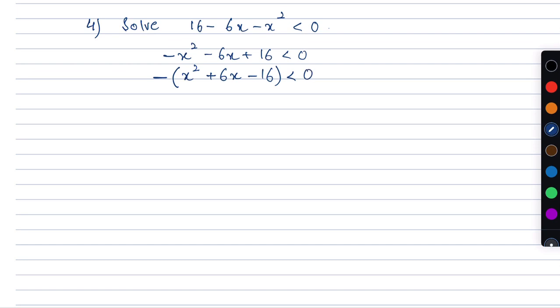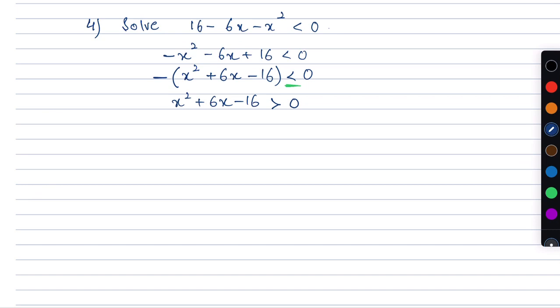Now here is the typical case that whenever we have taken out a negative common, just remember we have to change the sign of inequality here. Whenever we are solving with the negative sign, always remember to change the sign of inequality to the opposite, so that if the question says it is less than 0, then I should be writing it as x squared plus 6x minus 16, which needs to be greater than 0.